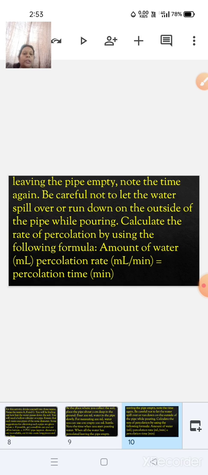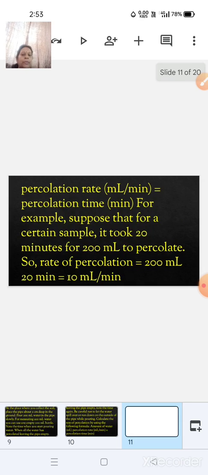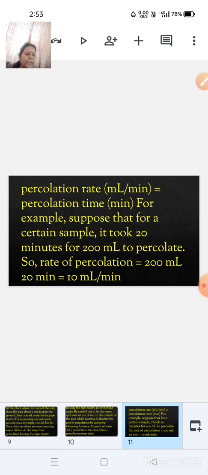Here we can calculate the rate of percolation by using the formula, that is amount of the water, which will be in ml, upon the percolation time. So the formula once again: percolation rate of water is equal to amount of water upon the time taken.